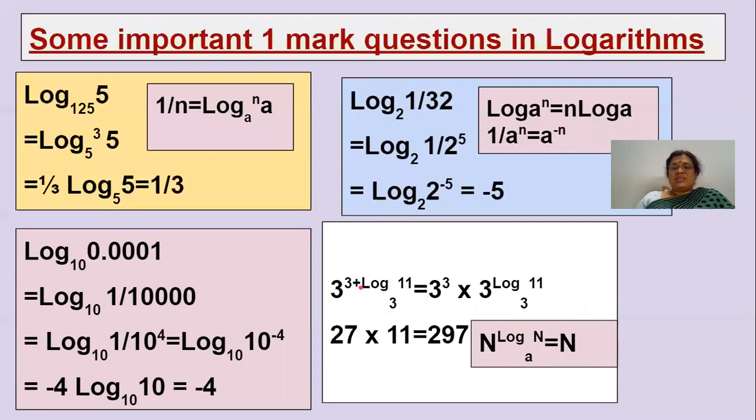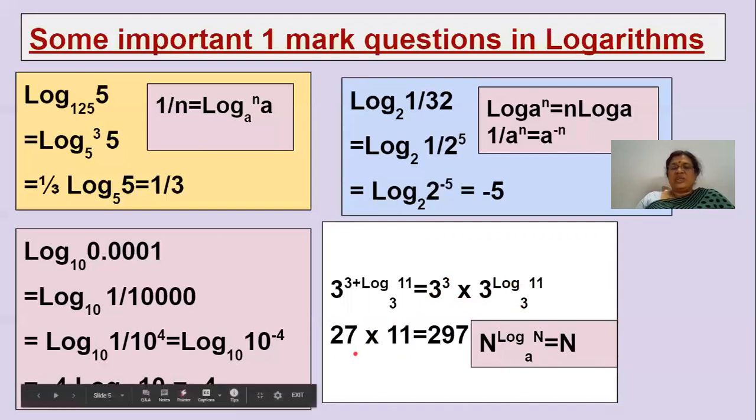So plus is there in between these two terms. So when you separate them, you will get 3 to the power of 3 into 3 to the power of log 11 to the base 3. So 3 cube, that is 27. So this one, the answer will be 11.